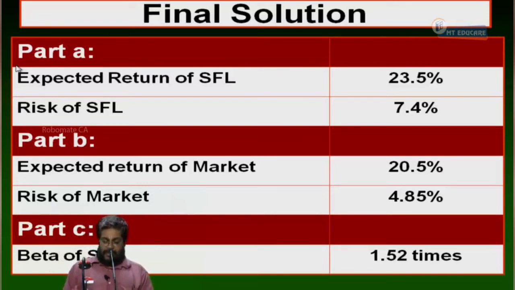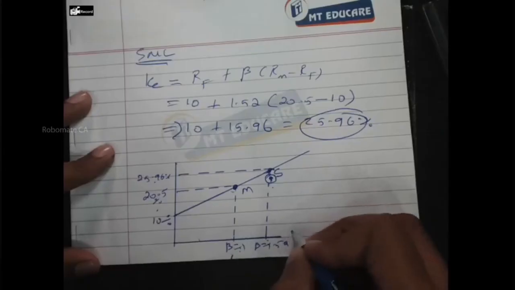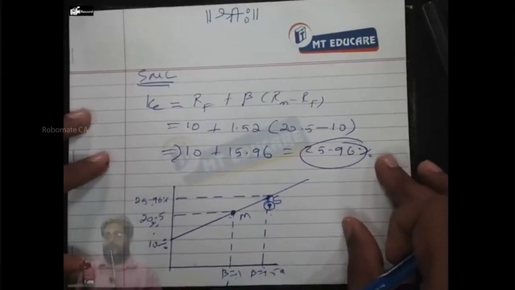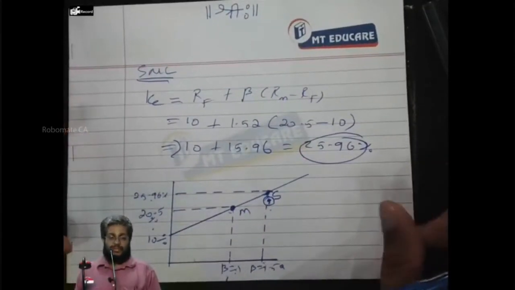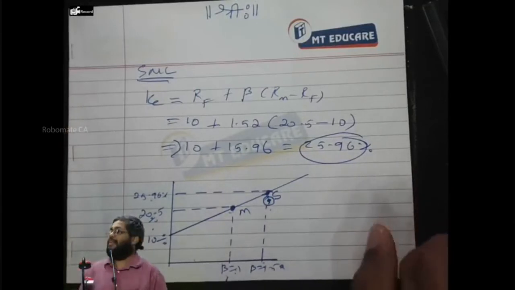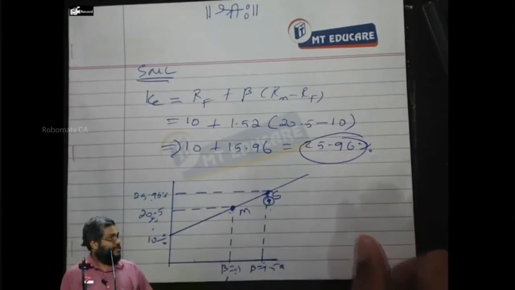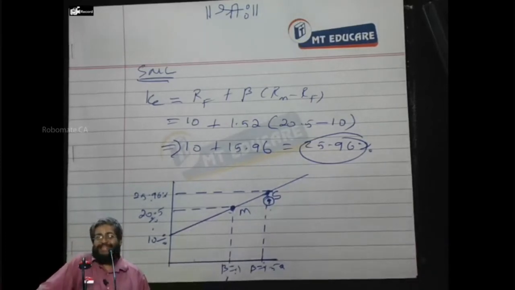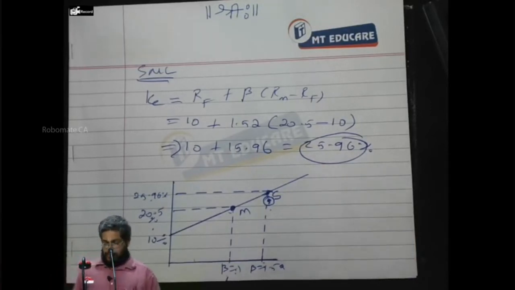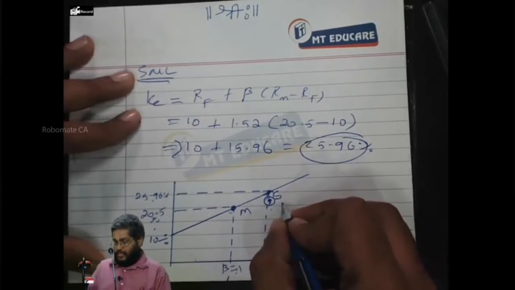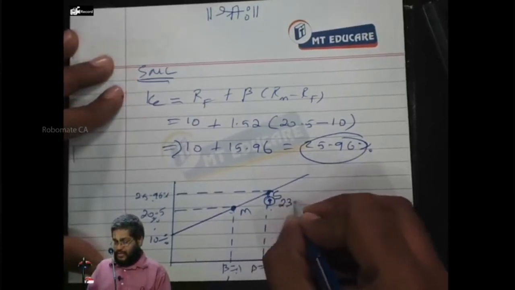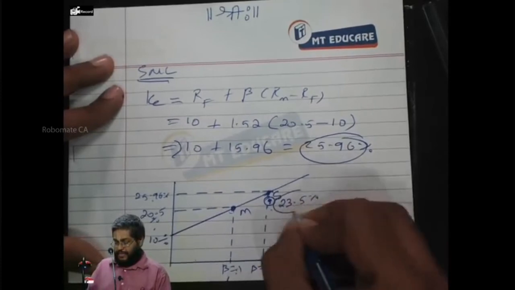Right. I think I finished copying. Now finish copying or not? If you want, you can copy this diagram also. Those who have not copied, raise your hand. Copy it here. And this return is 23.5%.